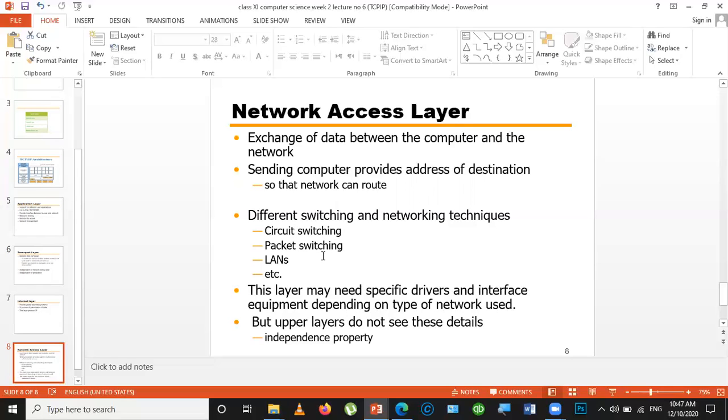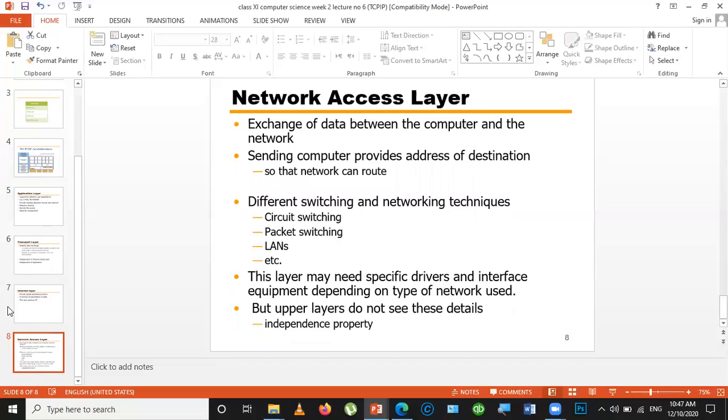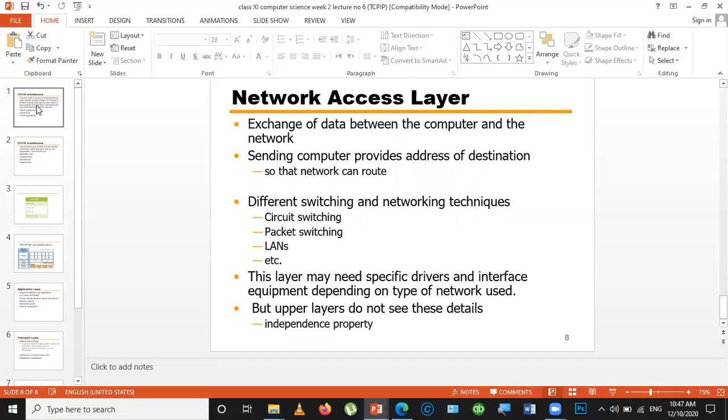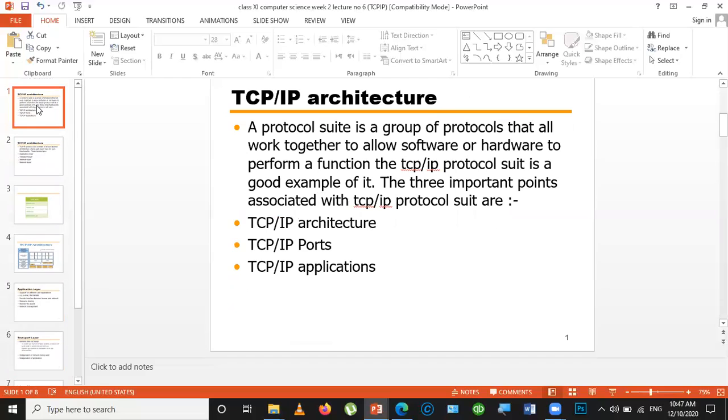So today we have been looking at this TCP/IP architecture. What is TCP/IP architecture? It is a suite, a group of protocols, where multiple protocols combined together and working together on four different layers become the TCP/IP protocol suite.